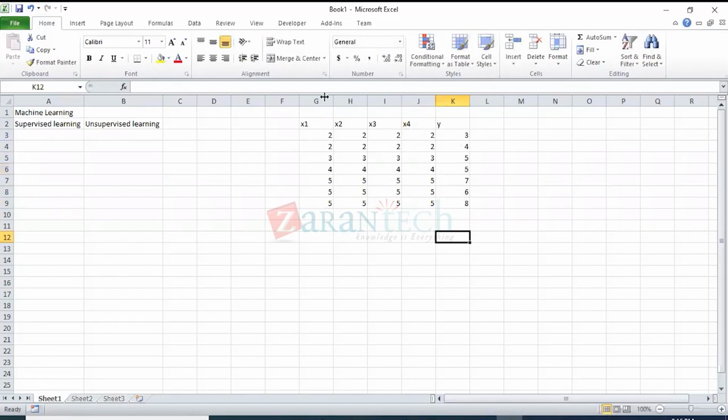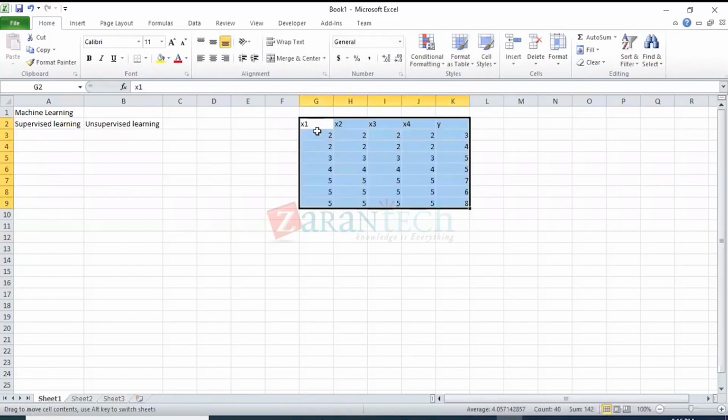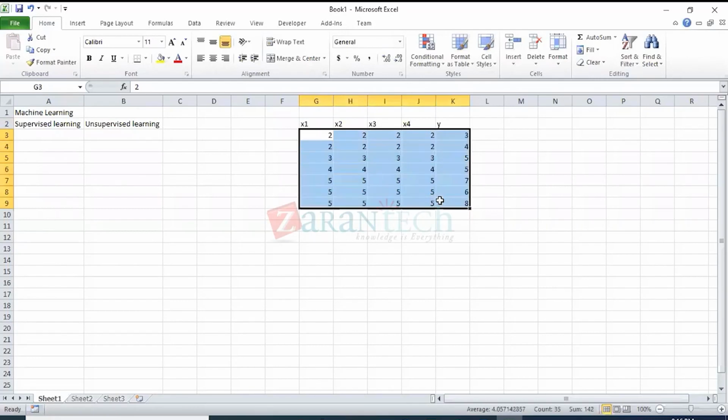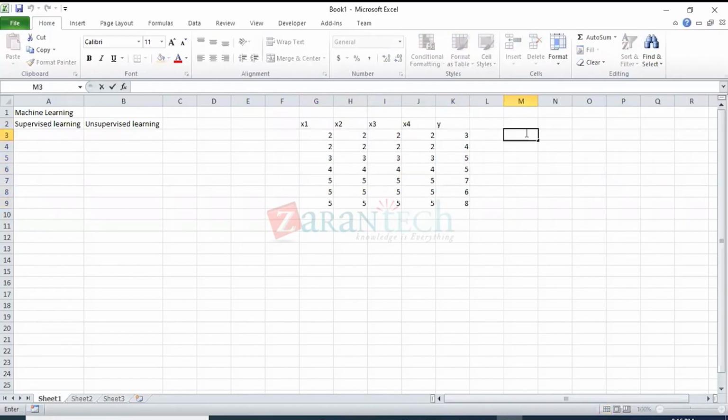So let's consider a small data set. Here I have a total of 5 variables: x1, x2, x3, x4, and y. All these are numerical in nature. So you know the different types of variables, I guess. Continuous and categorical.